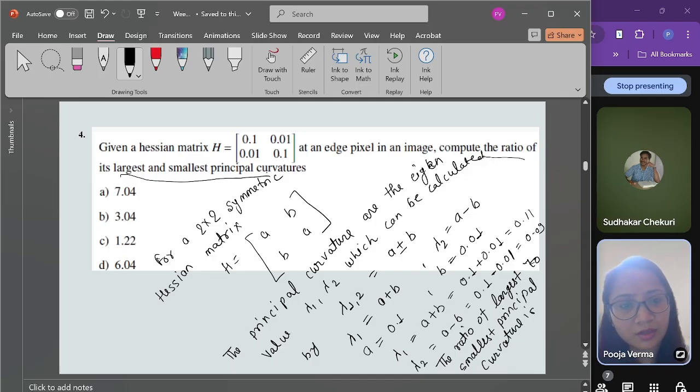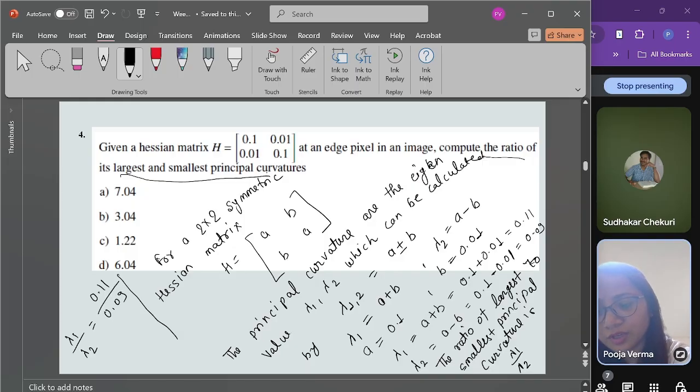Largest is 0.11, smallest is 0.09, so lambda 1 divided by lambda 2 is 0.11 divided by 0.09. We can write it as 11 by 9, which is 1.22. From here you can see that option C is matching 1.22. So option C is the correct answer for this question.